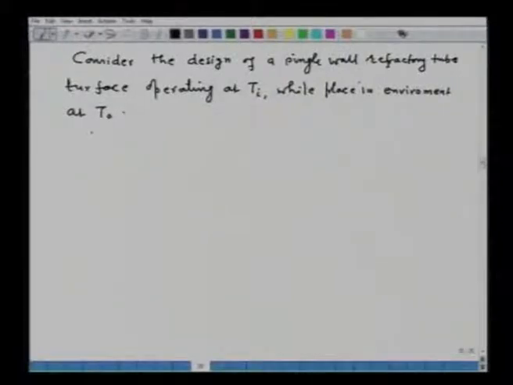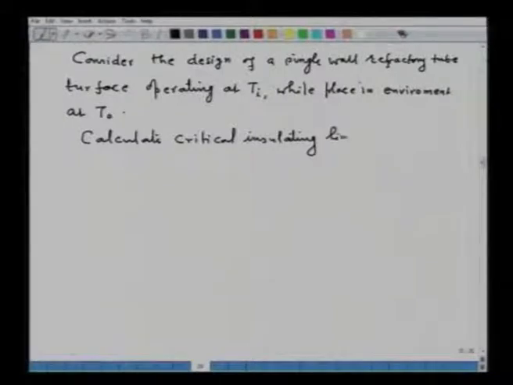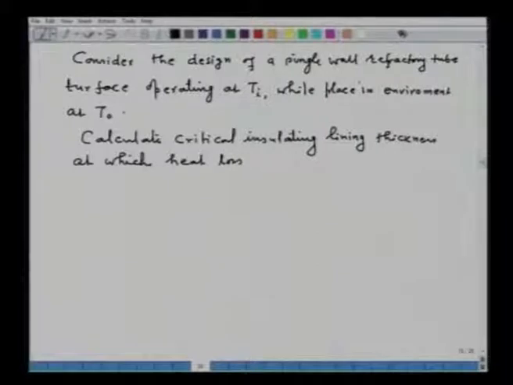Now, you have to calculate the critical insulating lining thickness at which heat loss is minimum.